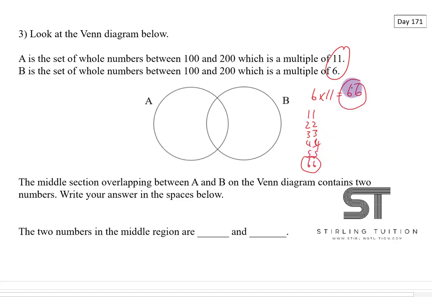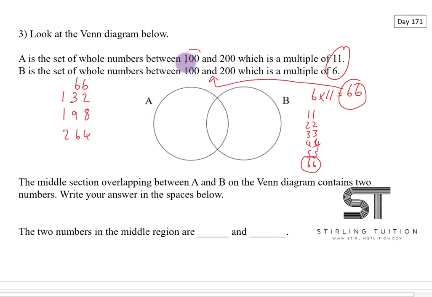So we need to know the 66 times tables that go between 100 and 200 because they will be in both the 11 times tables and the 6 times tables. So we've got 66, and then 66 times 2 will be 132. Then another 66 on top of that will be 198, and then on top of that it'll be 264.